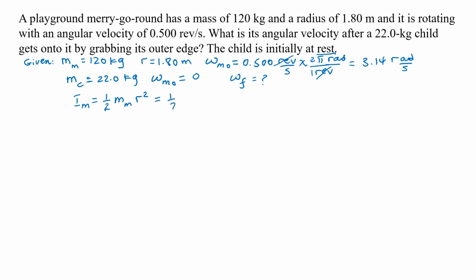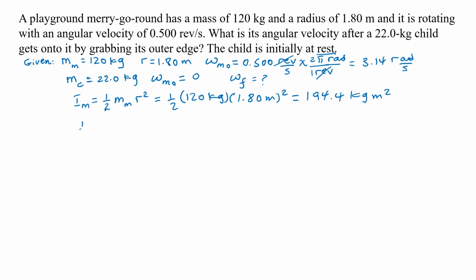That's 1 over 2. Mass is 120 kilograms. And the radius is 1.80 meter, and that's squared. That yields 194.4 kilogram meter squared.